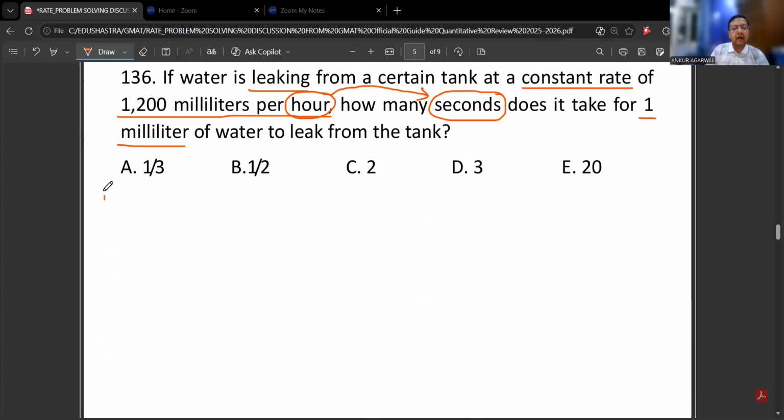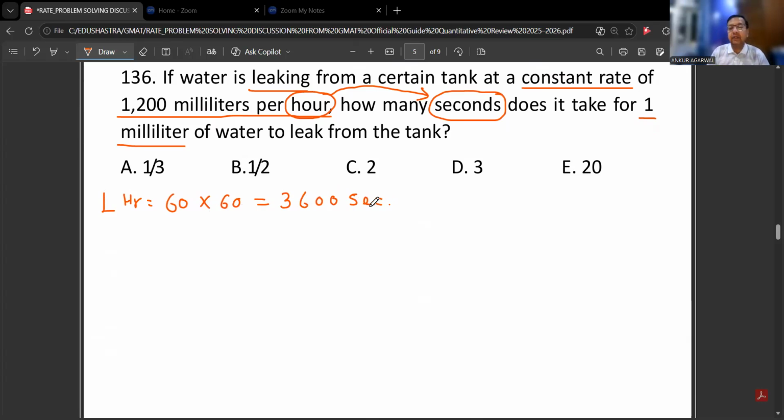So 1 hour is equal to what? 60 minutes. And 1 minute is what? 60 seconds. So converting this, 1 hour is 3600 seconds. Done? 3600 seconds.